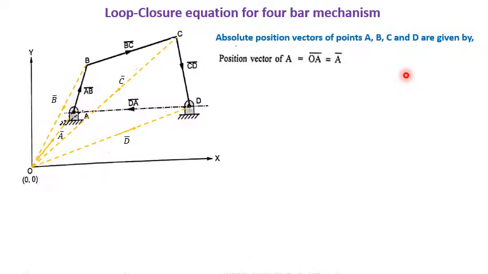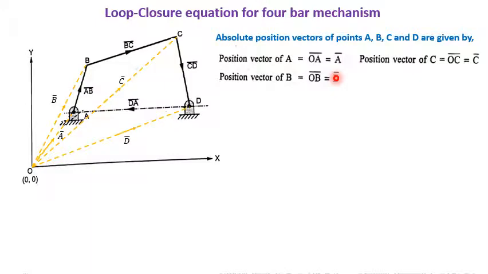So the absolute position vector of A is nothing but OA, from origin to A. This represents the absolute position vector of A, or simply we can call it vector A. Similarly for B, vector B, for C it is vector C, and for D it is vector D. So these are the absolute position vectors.